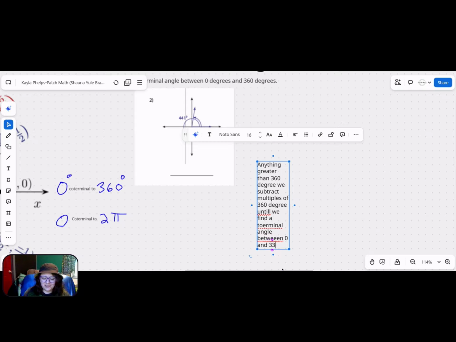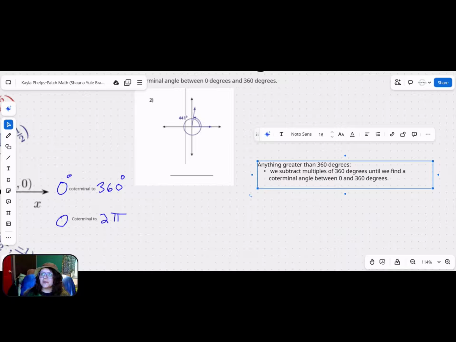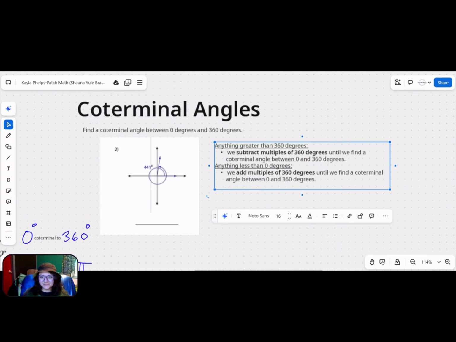Then the same for anything less than 0. So anything less than 0 degrees, we will add multiples of 360 degrees until we find a coterminal angle between 0 and 360 degrees.